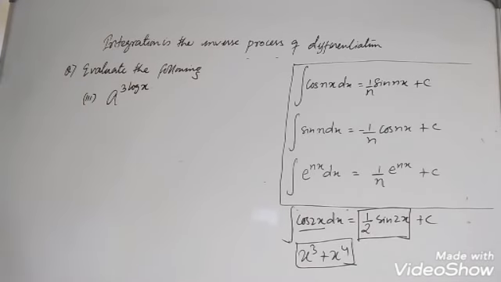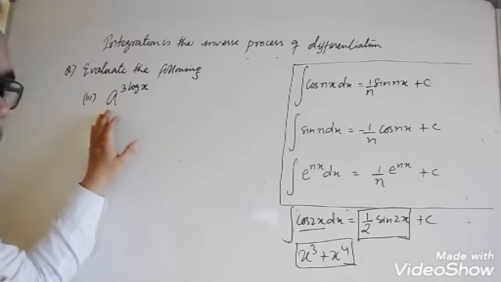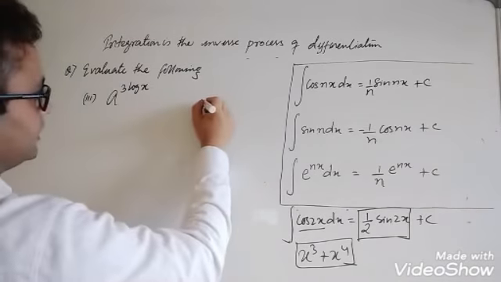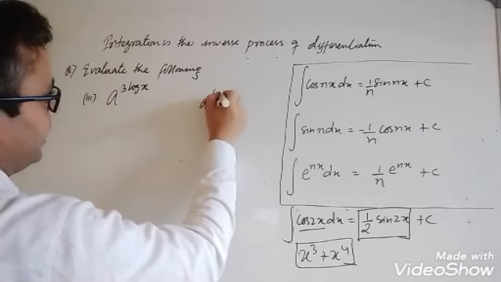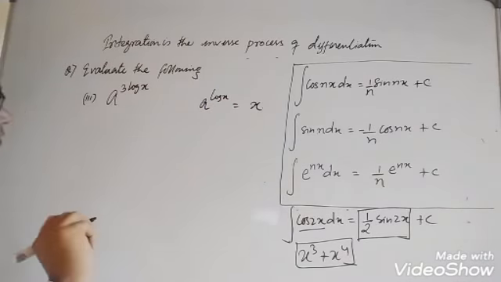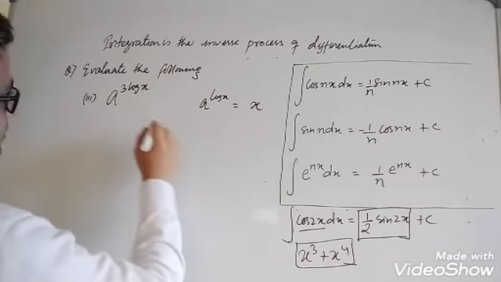Now what we have to do, according to the laws of logarithm, is that a to the power log x equals x.